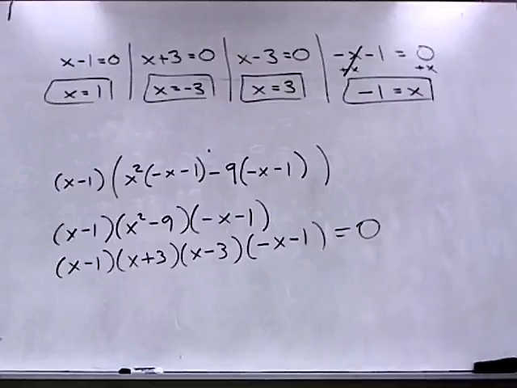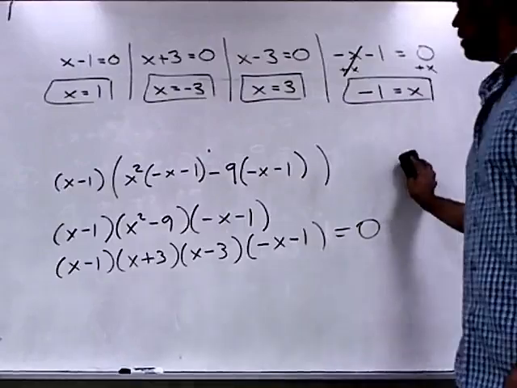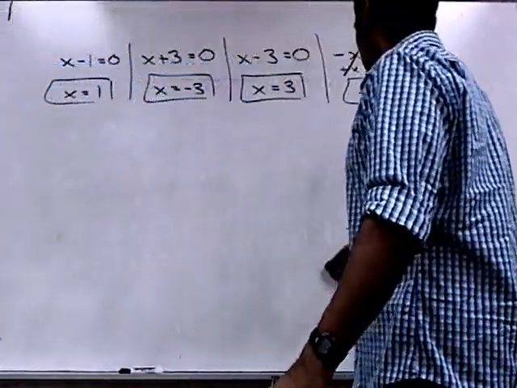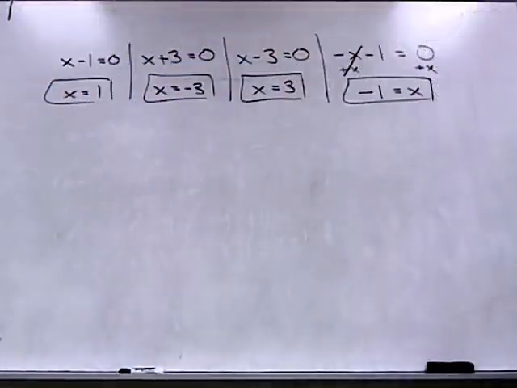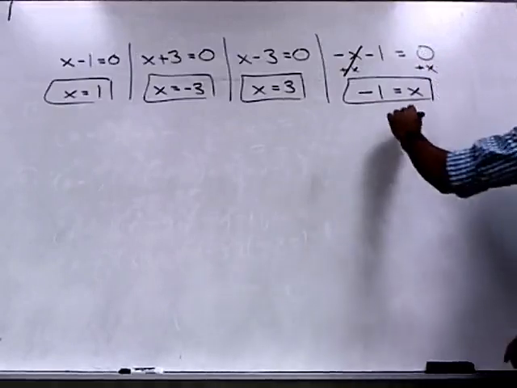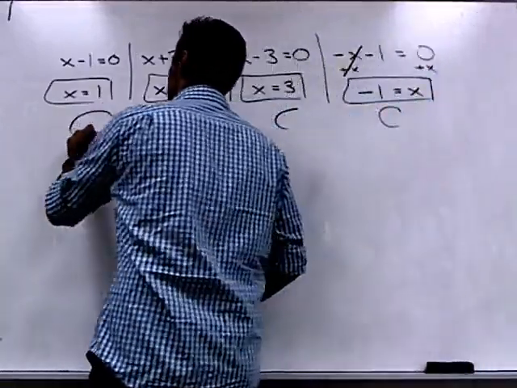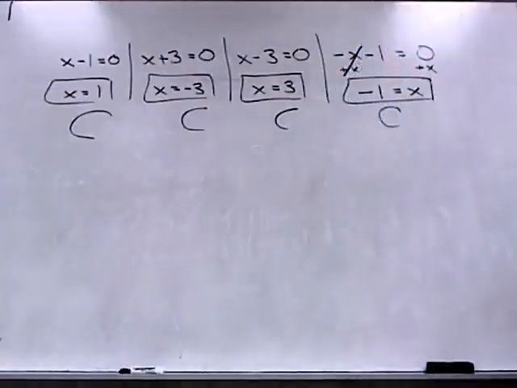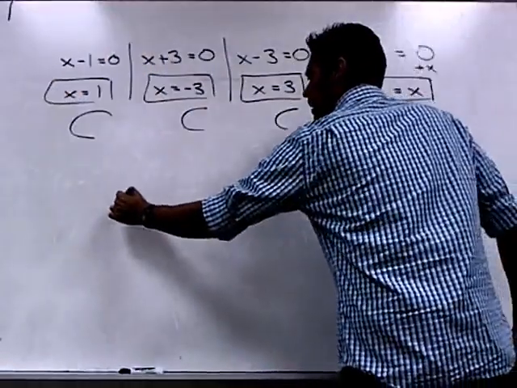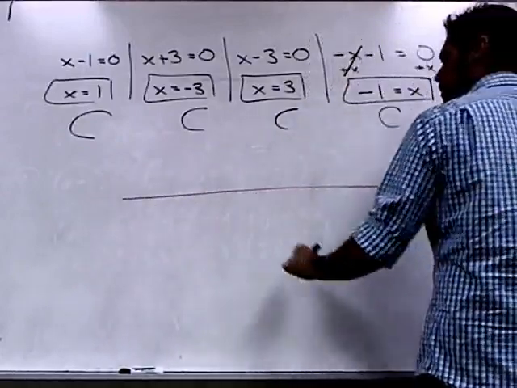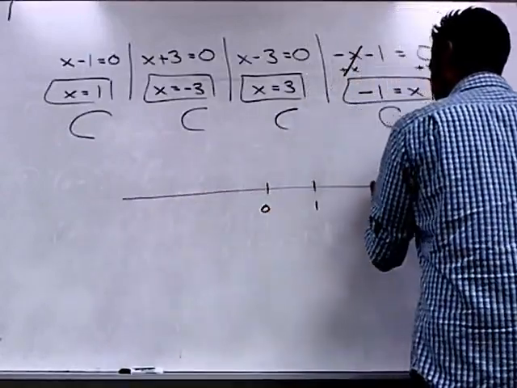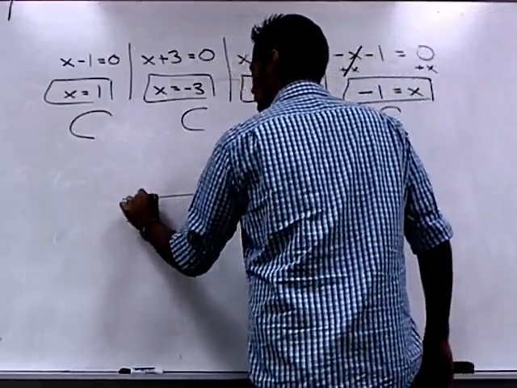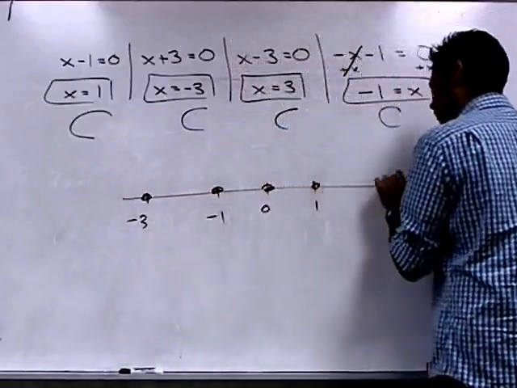So I have how many x-intercepts? 4. What do I do at each of those x-intercepts? Cross. So it's all cross, cross, cross, cross. All because they were all raised to the first power, those factors. And so if we draw it, here's 0, here's 1, here's 3, here's negative 1, here's negative 3. I have zeros at each one of these.